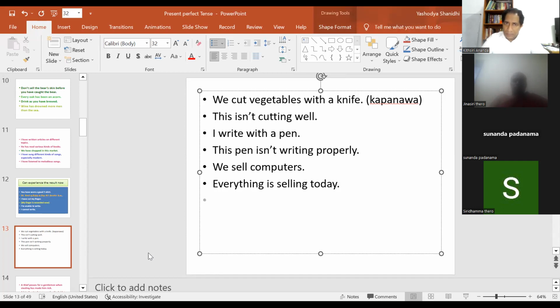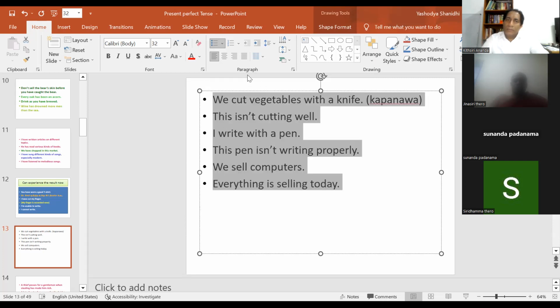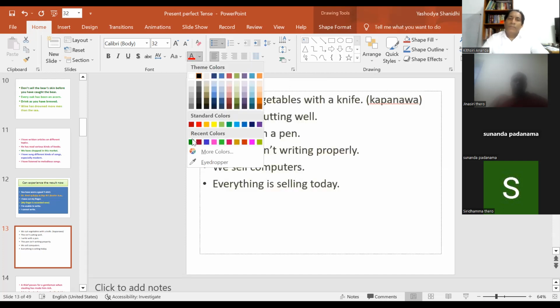So we have to understand that even in a particular meaning, it has two different aspects. That is also a matter to be concerned.